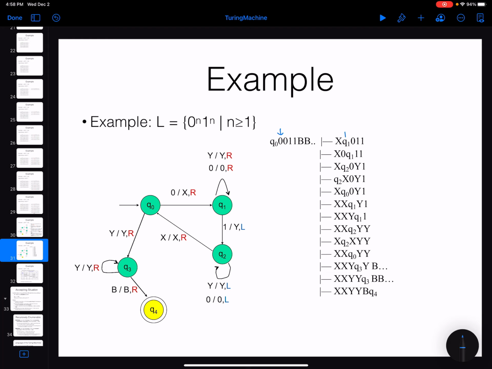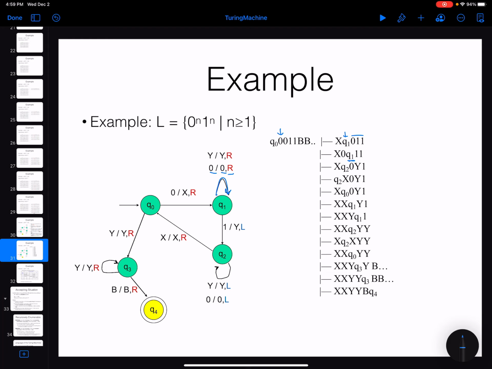So you put Q1 after the X and the rest of the string is 0, 1, 0, 1, 1. At Q1, you keep staying at Q1 on seeing a 0, you don't touch it and you go to the right. So you stay at Q1 and just pass the next one.